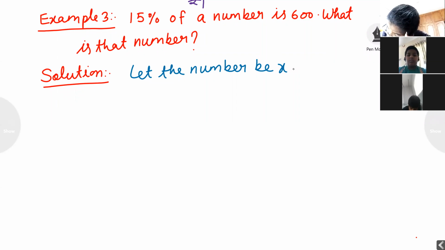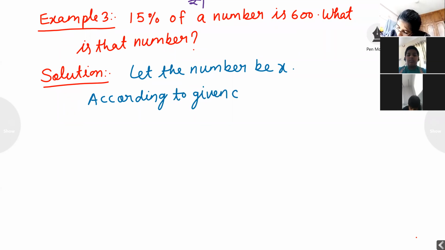According to the given condition, he has given 15% of a number. 15% of means into the number, we have assumed x, is equal to 600.